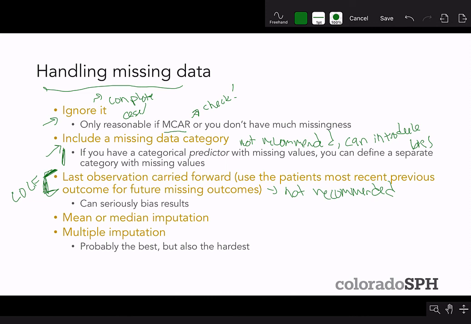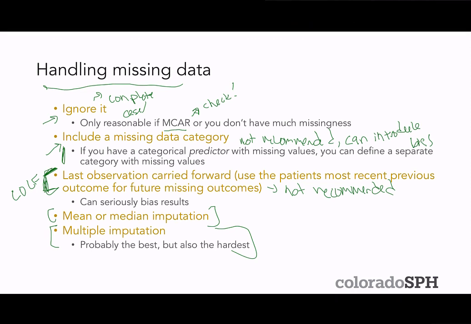So another simple imputation method is mean or median imputation. That is calculating a single number for missing values based on other data that you have from that same data set. And then what's considered the best method is multiple imputation, and there are several approaches to doing this, but it just can be more time consuming and computationally expensive.